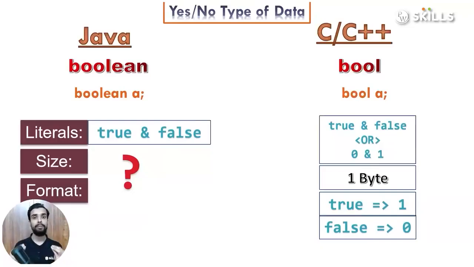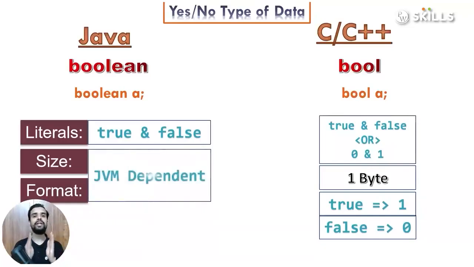For example, maybe in Unix it would occupy 1 byte of memory, while the same Boolean variable in Windows might occupy 2 bytes of memory. That is why the valid conclusion here is that the size and the format of a Boolean variable in Java is JVM dependent, because we know we don't have a single JVM for multiple operating systems. We have multiple JVMs for different operating systems.